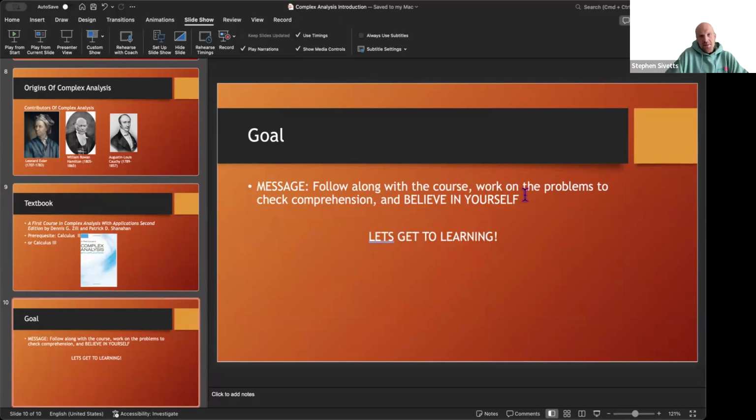All of math is not easy, especially complex analysis. It was a pretty hard course for me. So there will be times when the material may seem overwhelming and difficult, but always remember to believe in yourself. If you do that, then you will go a long way, in math, and especially in complex analysis. So if you're ready, let's get to learning complex analysis. I'll see you in the next video.